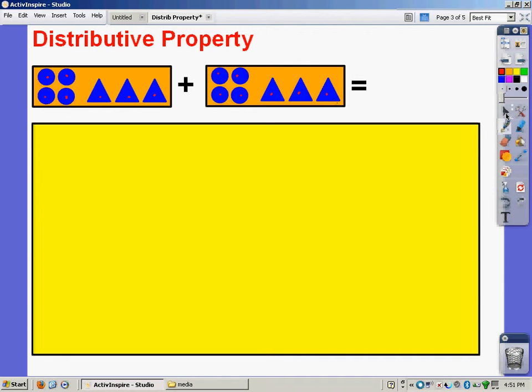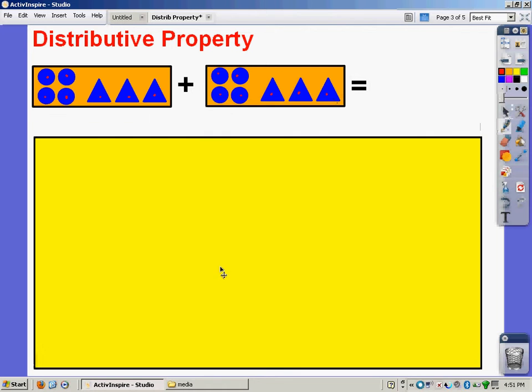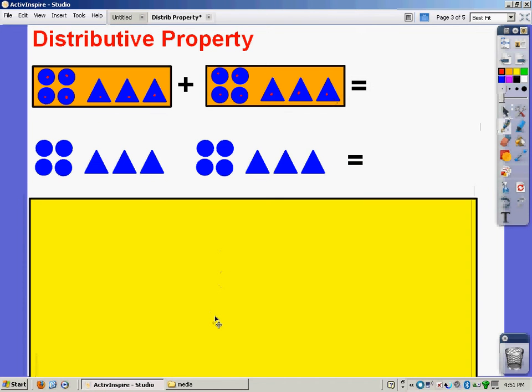One of the ways of doing it in real life, you simply take everything out of the boxes, and here it is. So here are the 4 circles from the first box. 1, 2, 3, 4. 1, 2, 3, 4 from the second box. Then from the first box you have 3 triangles, and from the second box you have 3 triangles.